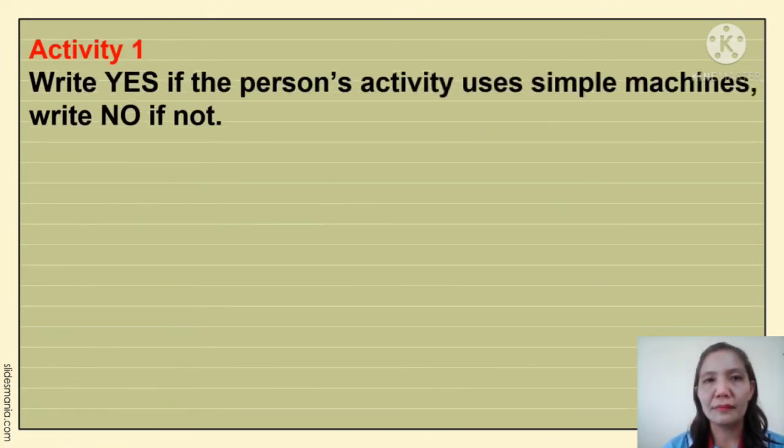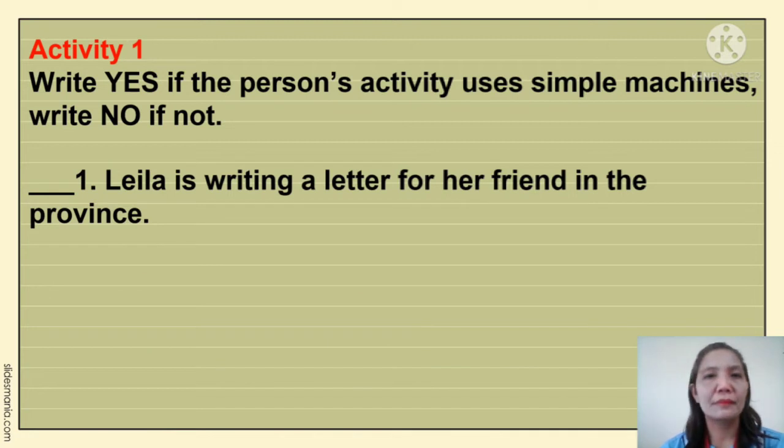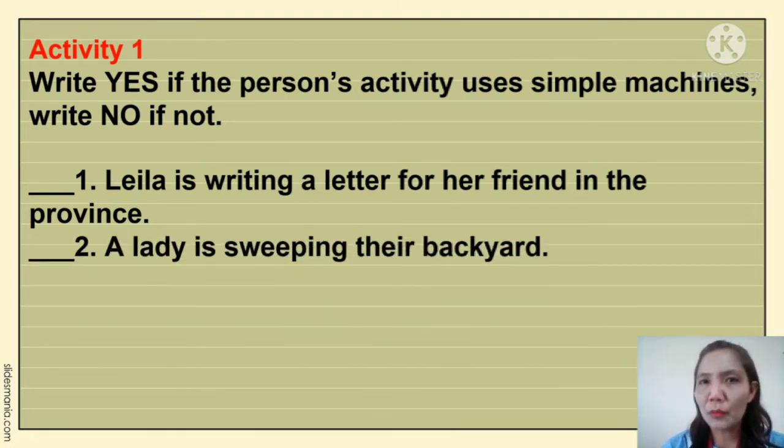Activity 1. Direction. Write yes if the person's activity uses simple machines. Write no if not. Number 1. Layla is writing a letter for her friend in the province. Number 2.